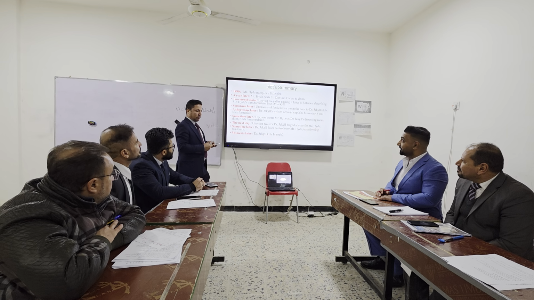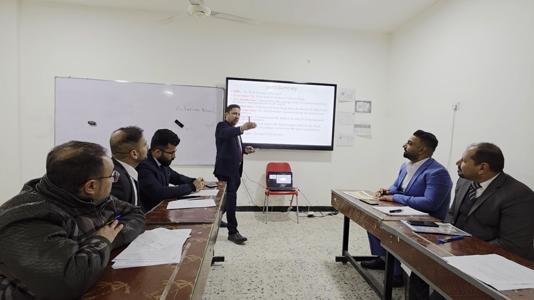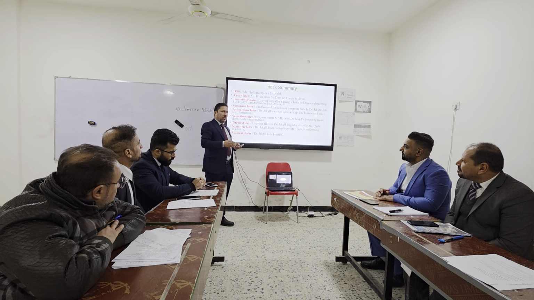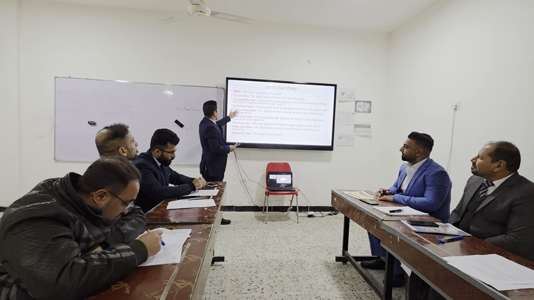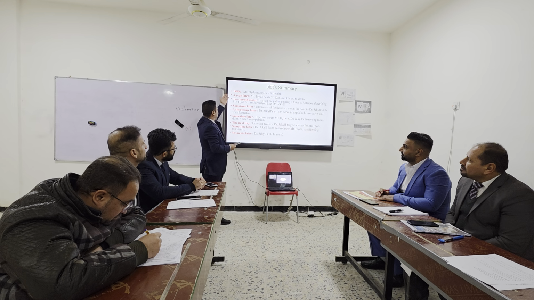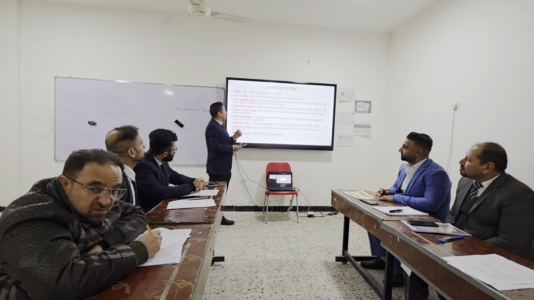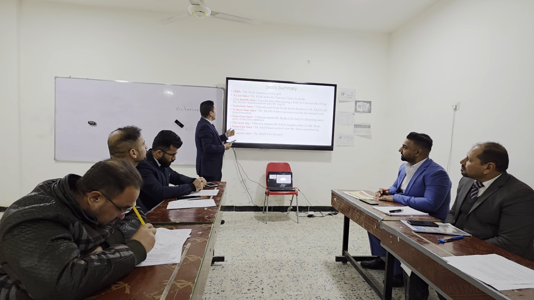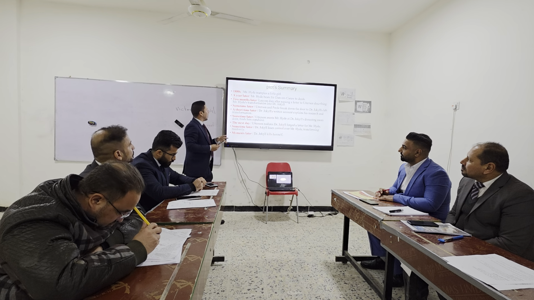Plot summary. These are the events that occurred during the story. First, Mr. Hyde tramples a little girl in the first scene.